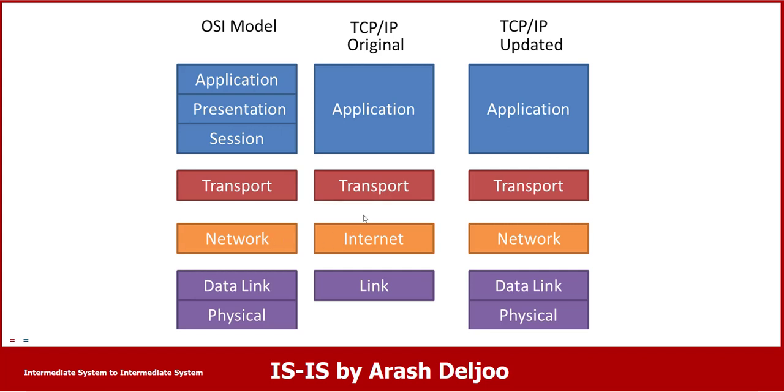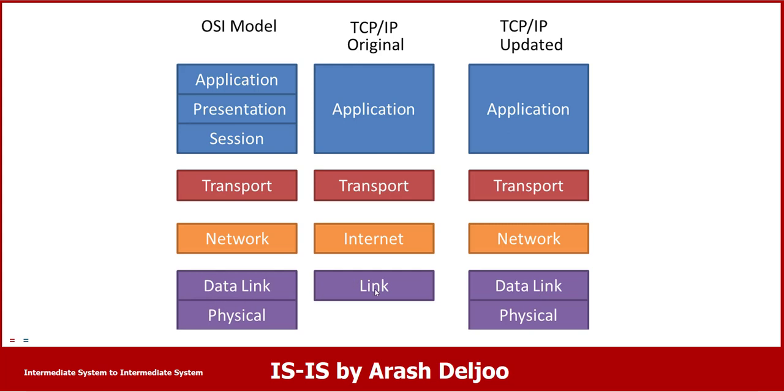Because of this difference, TCP/IP was updated to a 5-layer model. Okay, look at here. In the updated TCP/IP, the link layer of the original TCP/IP becomes 2 layers, physical and then data link, just like the OSI.